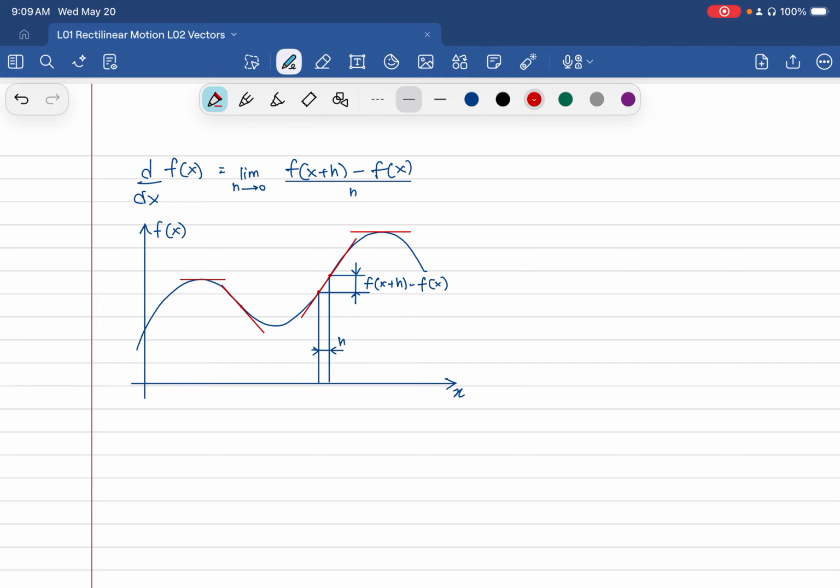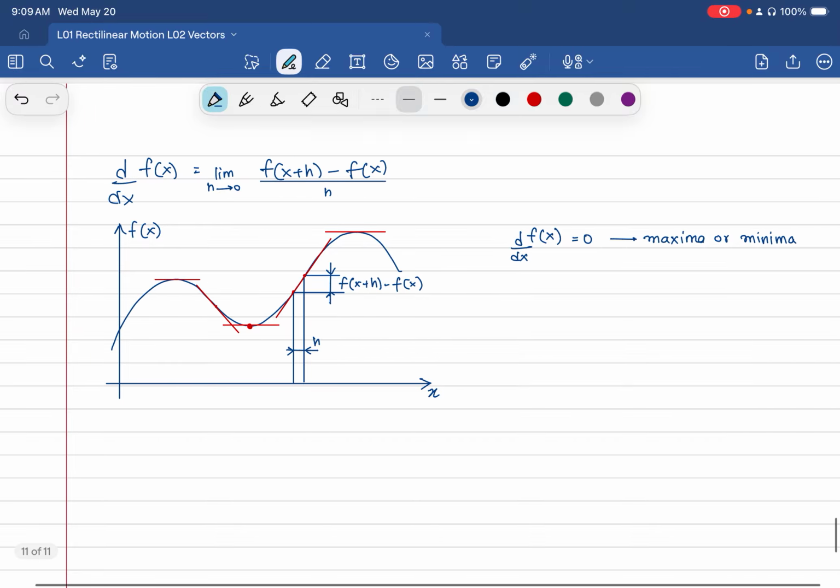This point over here is a minima. So in cases where you have d over dx, that's the derivative of the function f of x with respect to x, is equal to zero, it's either a maxima or minima in this class. There's also something called a saddle point, which we are not really going to look into.